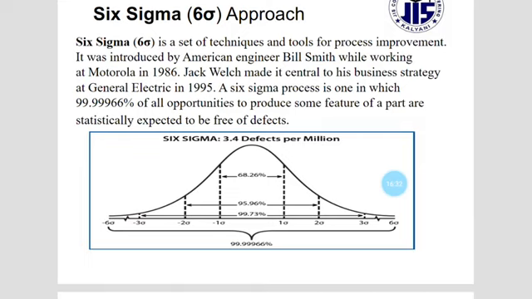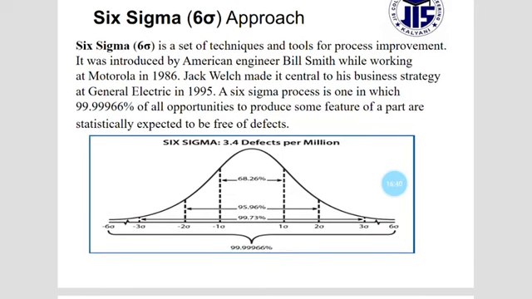A Six Sigma process is one in which 99.99966% of all opportunities to produce some features of a part are statistically expected to be free of defects.